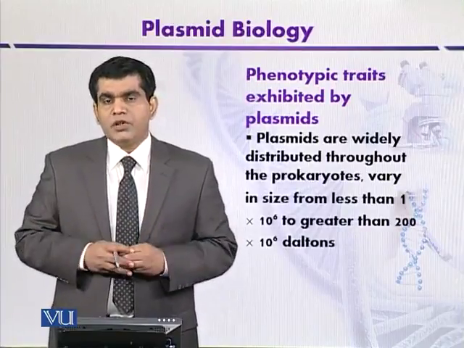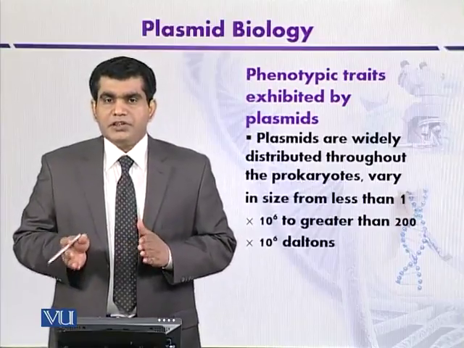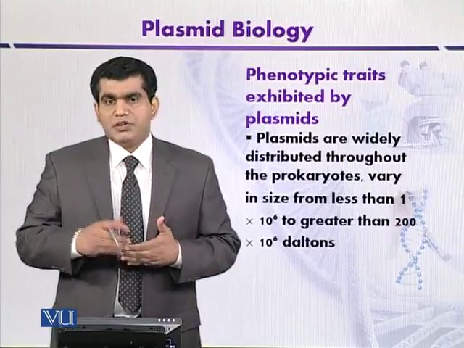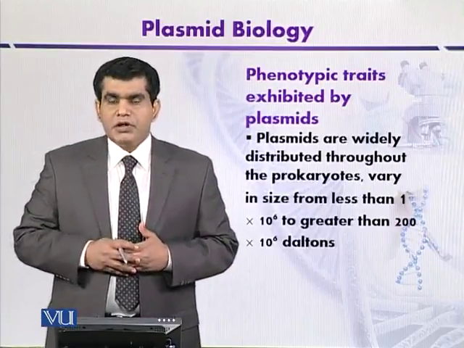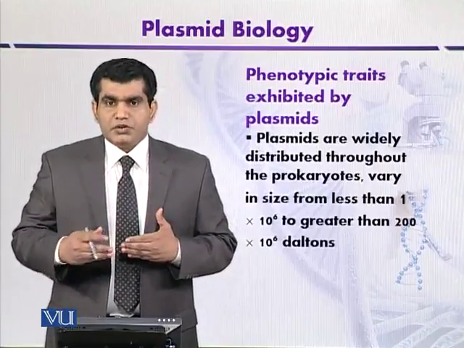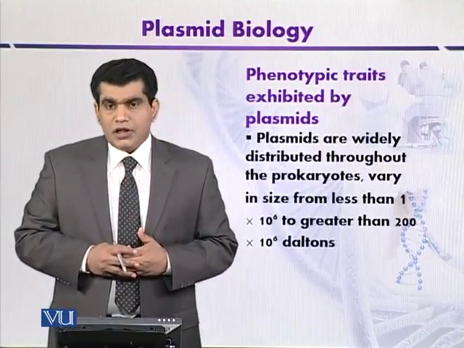So overall, the size of the plasmid may range from a few base pairs to several thousand base pairs, and its molecular weight may be 1 into 10 raised to the power 6 to 200 into 10 raised to the power 6 Daltons.